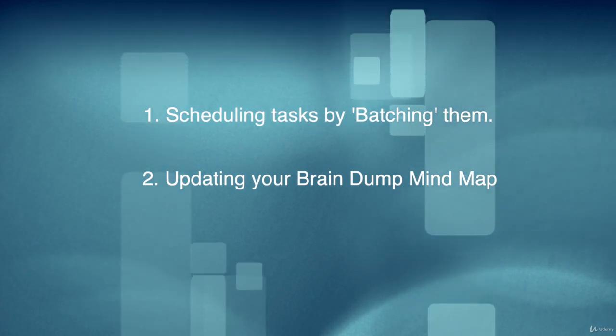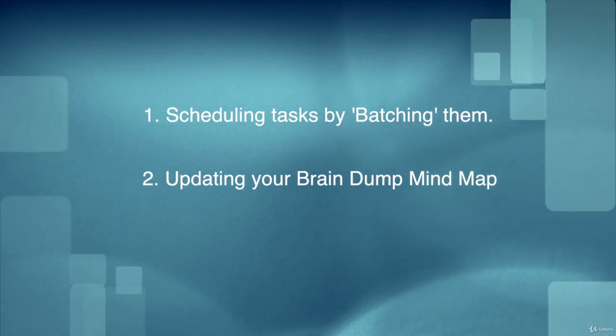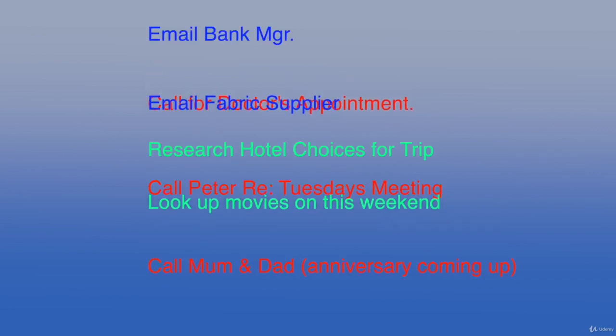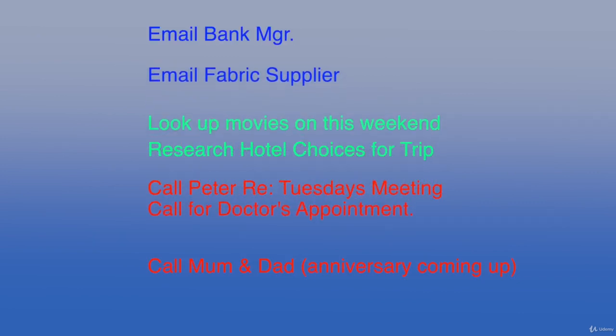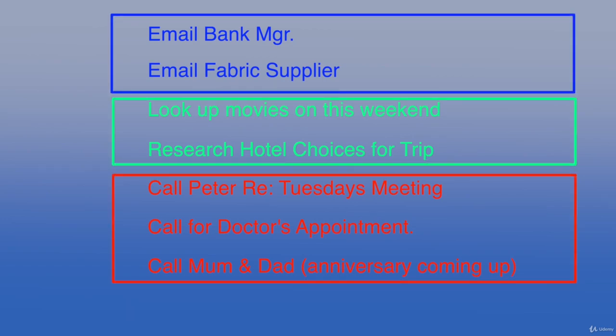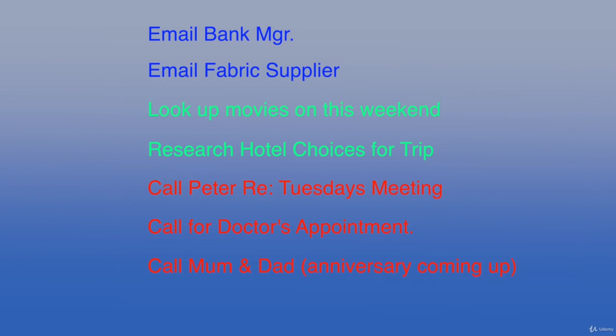But before we schedule the tasks, let's discuss batching. Now, batching is very simply a way of working where you group some or all of your similar tasks together and you work on those similar tasks in the same block of time. For example, if you have emails to write or online research to do, then you do some or all of those tasks during the same session, even if those tasks are related to completely different projects or items in your mind map.